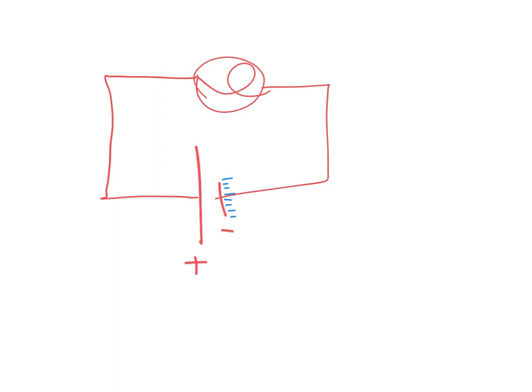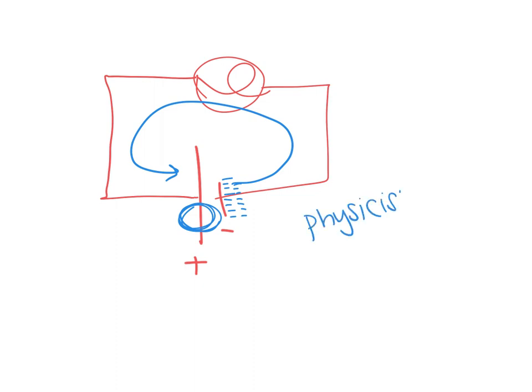We have high electric potential over here, low potential over here, and we always flow from high to low. So in terms of a physicist, we would always go negative to positive, and we would say that is my current, that's my I.